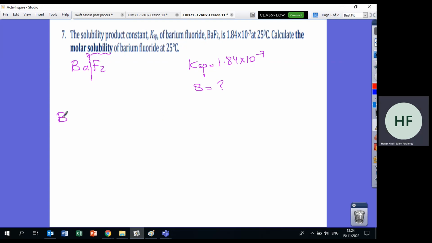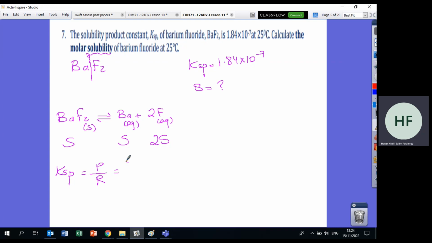So BaF2 dissociates into Ba and 2F, solid, aqueous, aqueous. Now, second step, you write the S's. This one is S, solubility, this one is S, and this one is 2S. Now, the third thing, you write the Ksp, products over reactants.